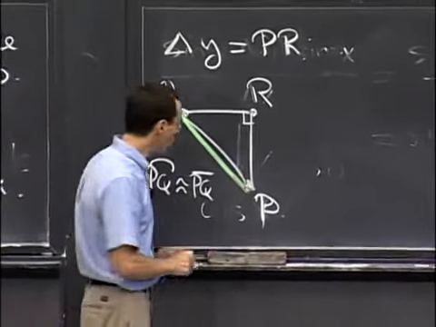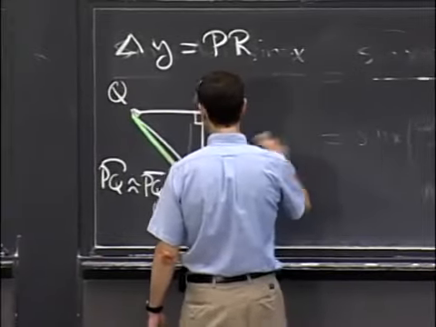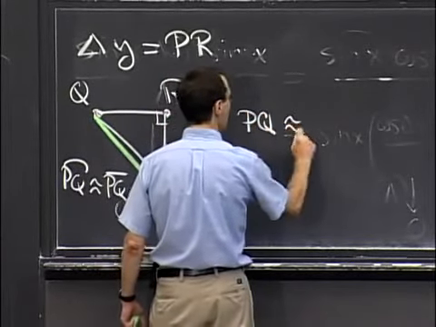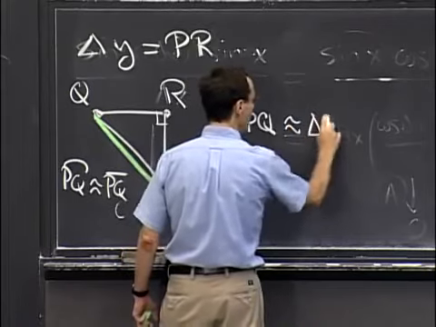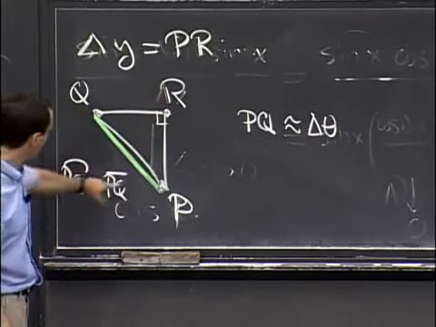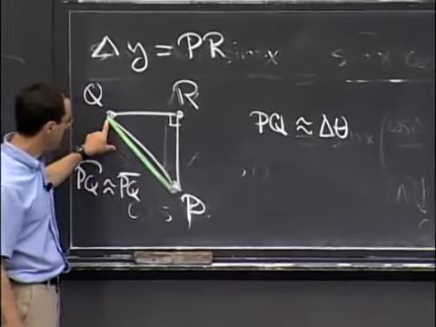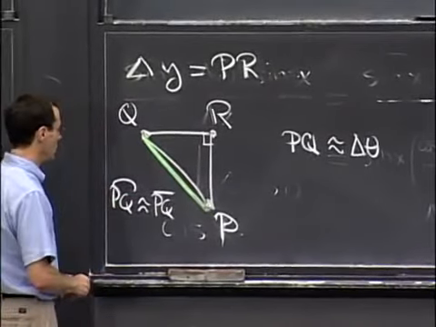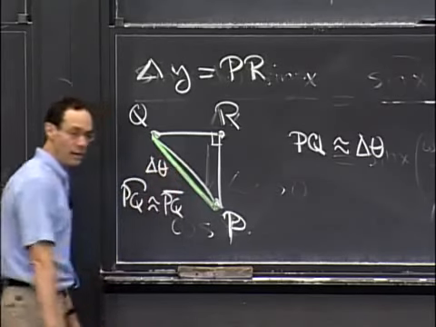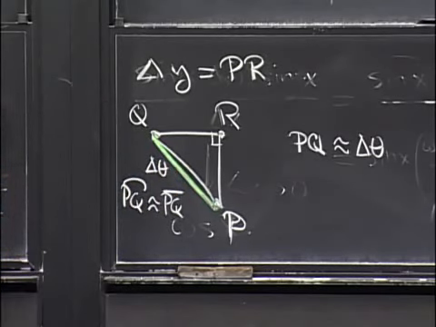Well, we want to use that quantitatively in the following way. What we want to notice is that the distance from P to Q is approximately delta theta, right? Because the arc length along that curve is delta theta, so the length of the green, which is PQ, is almost delta theta. So this is essentially delta theta, this distance here.